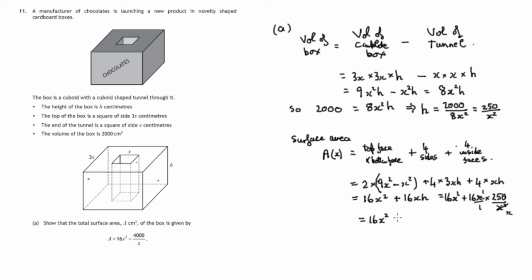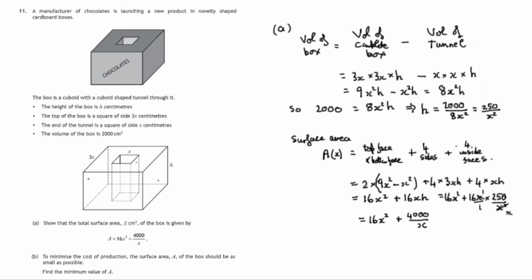So we have 4,000 over x. And that's what we were trying to prove. The surface area is 16x squared plus 4,000 over x. So that's part A of the question completed.